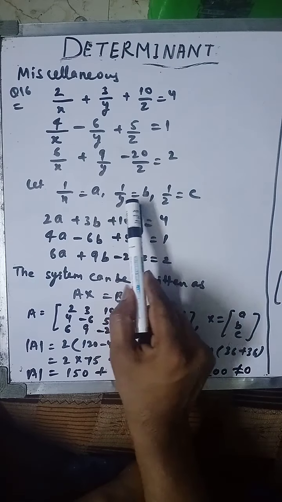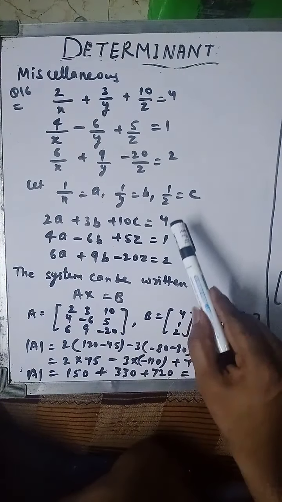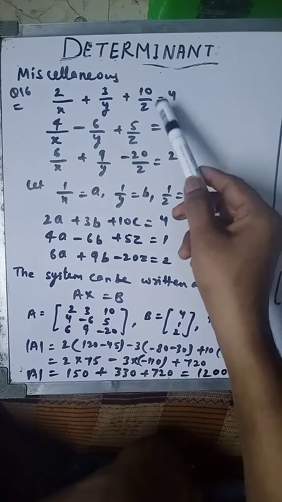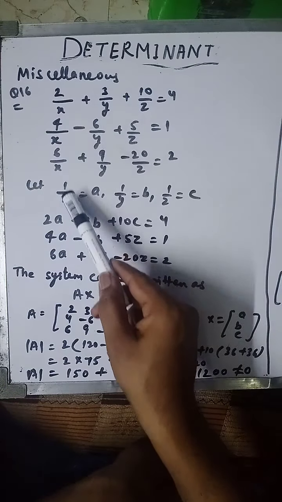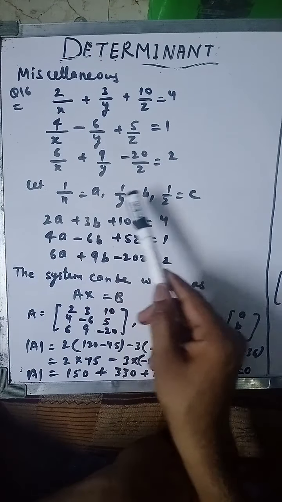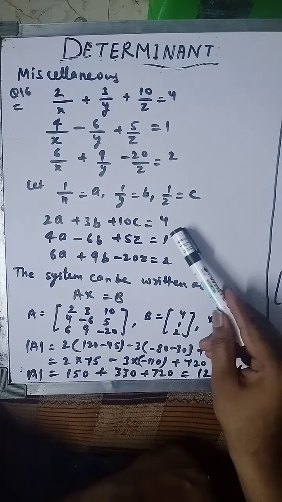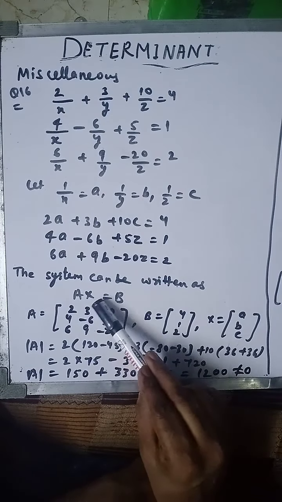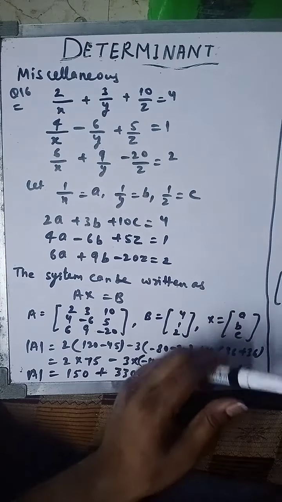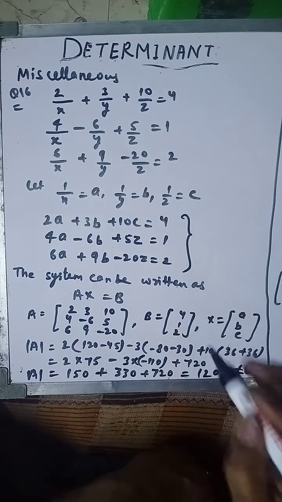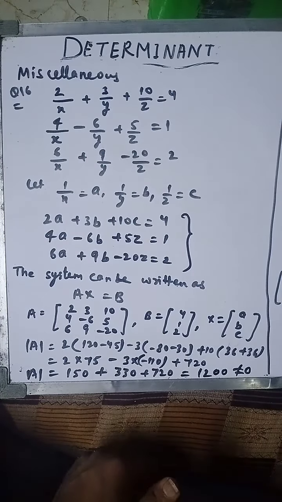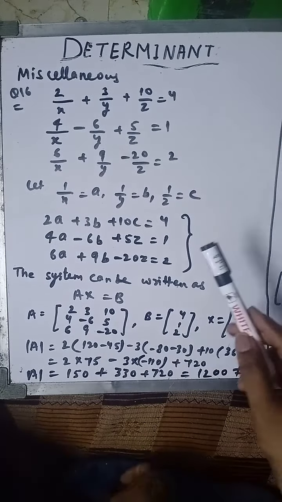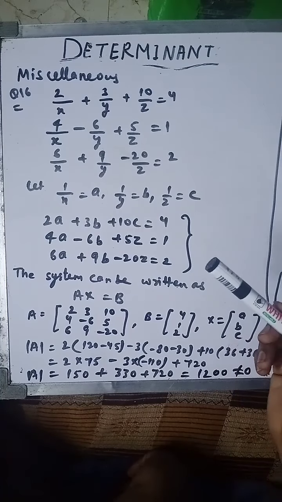Okay, after considering this, you will get these three equations when you replace 1 by X, 1 by Y, and 1 by Z with a, b, and c. Fine. And now you can solve these equations. So the equation can be written as AX equals B. After seeing this equation, we can solve these three equations.